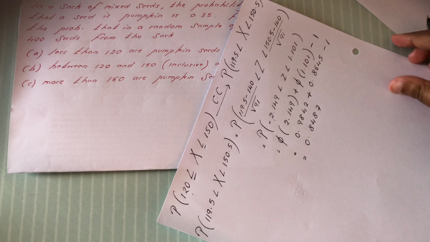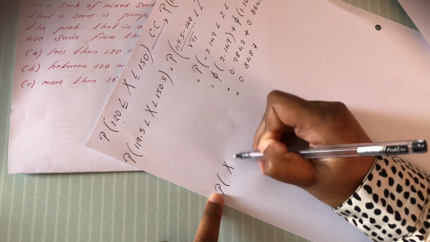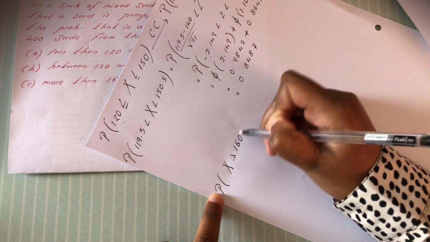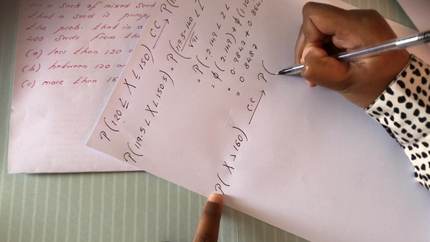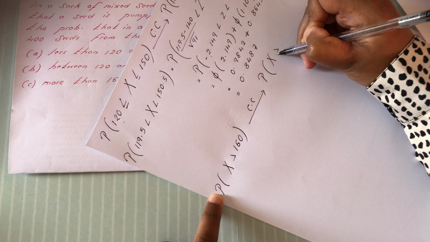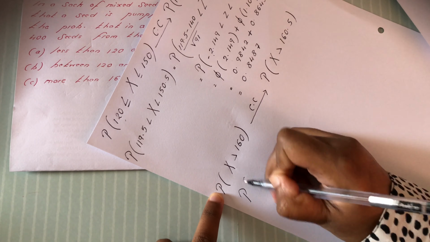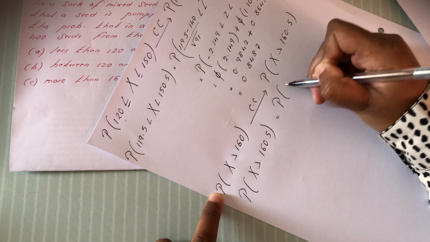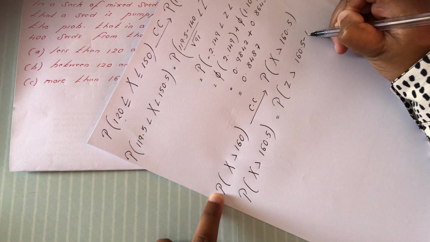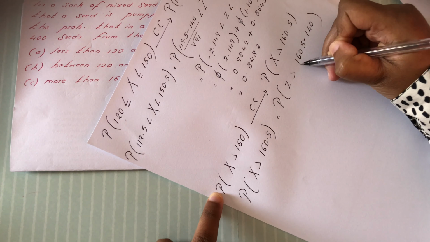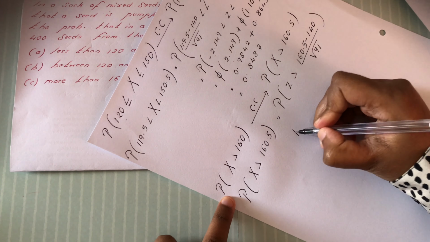Let's look at the last part. More than 160. So here we have the probability that X is greater than 160. Performing a continuity correction, we have the probability that X is greater than 160.5. We standardize: we have the probability of Z greater than 160.5 minus 140, divided by the square root of 91.